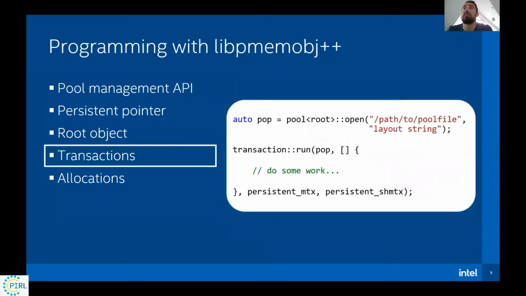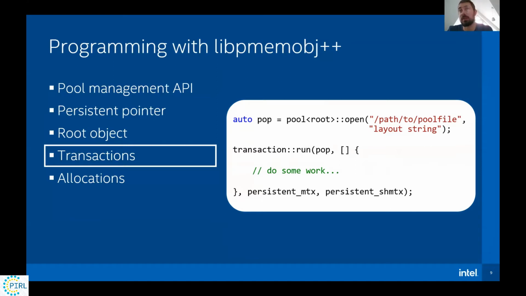In libpmemobj, we have a transactional API, and libpmemobj transactions provide ACID properties. It means atomicity, consistency, isolation, and durability. Atomicity means that the transaction either succeeds or fails completely. Consistency means that the transaction transforms a pmemobj pool from one consistent state to another, and this means that a pool won't get corrupted by a transaction.